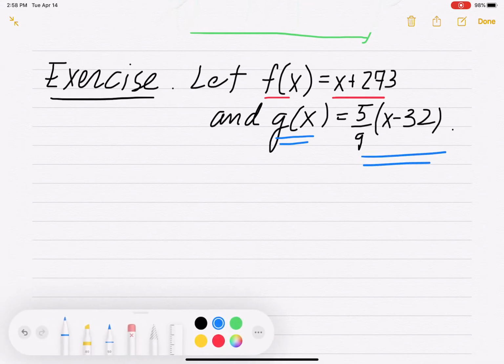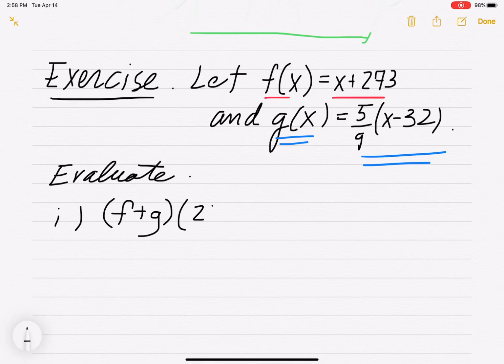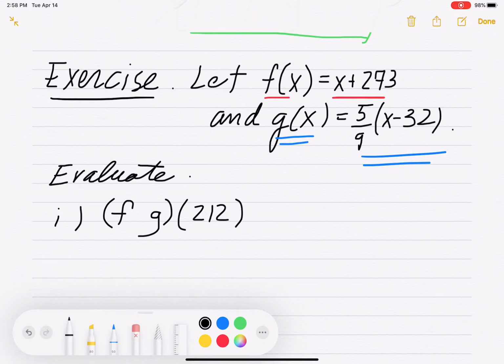And we're going to evaluate the following. Number one, we want to evaluate, how about we evaluate f circle g of 212. So our input is 212. F circle g of 212.